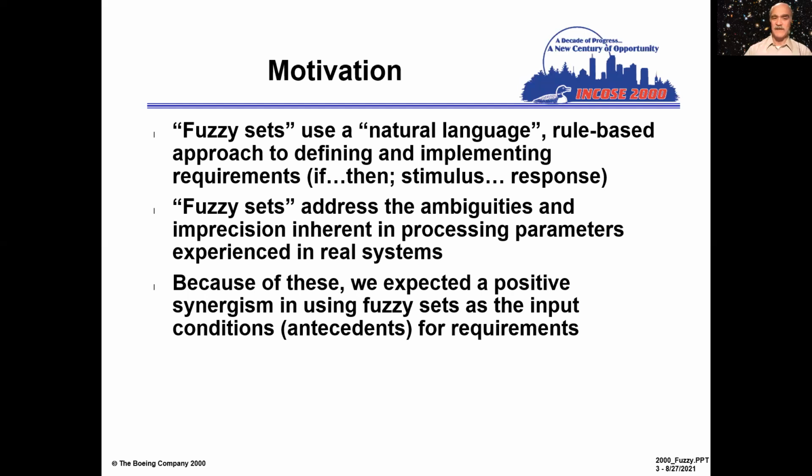So we have an if-then condition or stimulus response or an input-output, but something comes in and it is interpreted, and then some decision is made, and the system is supposed to yield an output based on what the inputs are. The benefit of fuzzy sets is they inherently address ambiguities and imprecision regarding these input parameters.